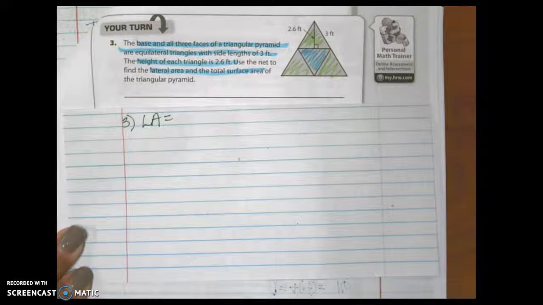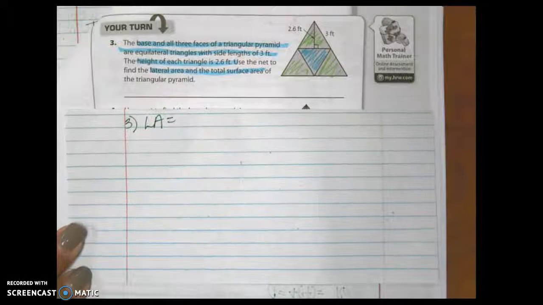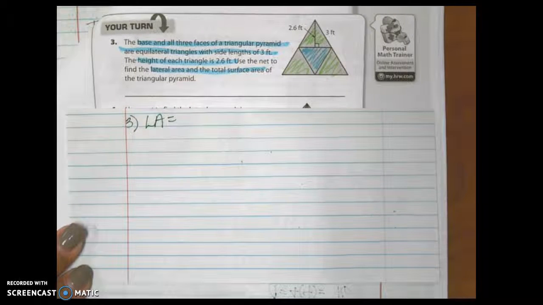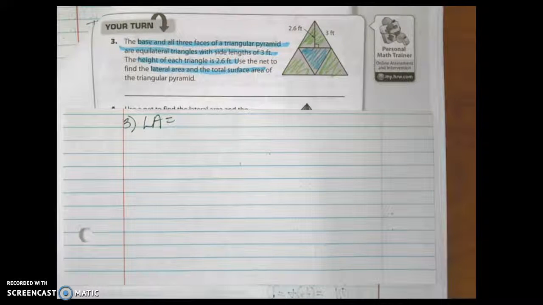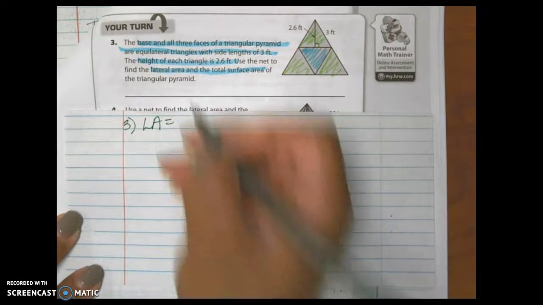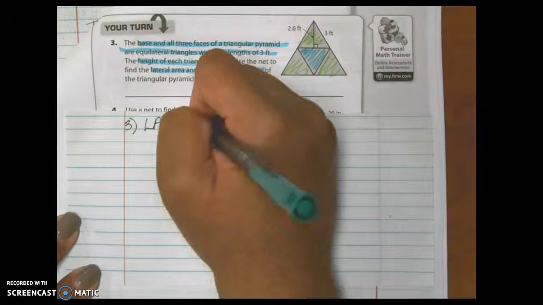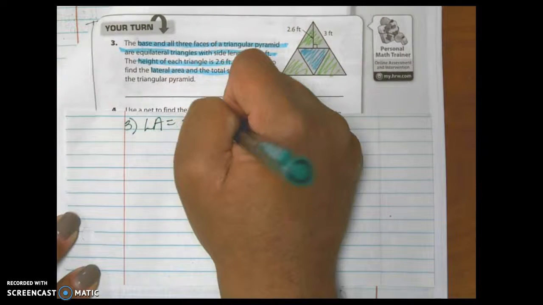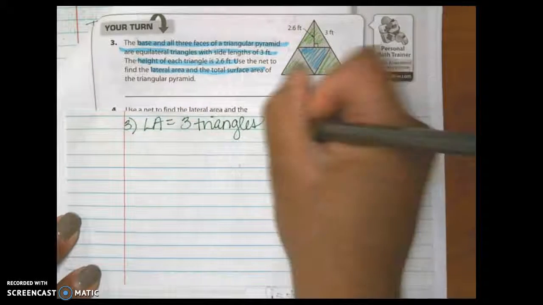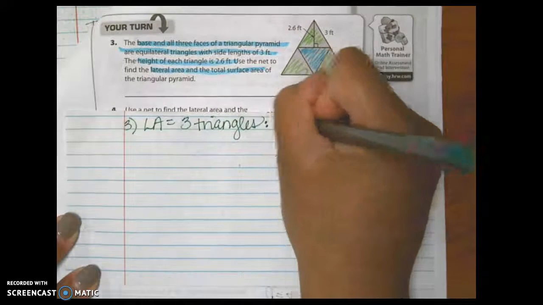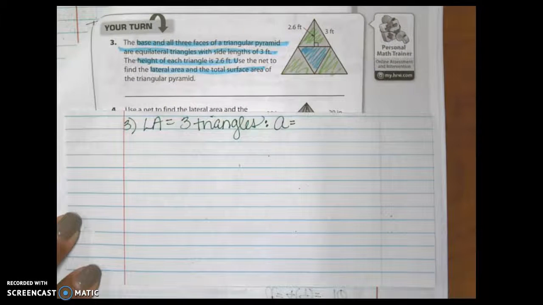How many are colored green? 3. The lateral area or the lateral faces do not include who? The base. They don't include the base. 3 triangles. Are all the triangles the same? Yes. All right. So, area of a triangle is what?